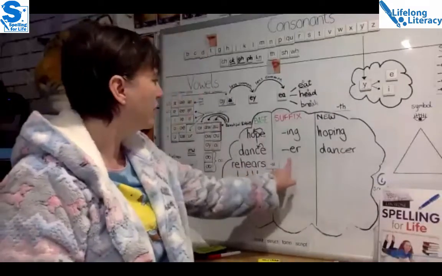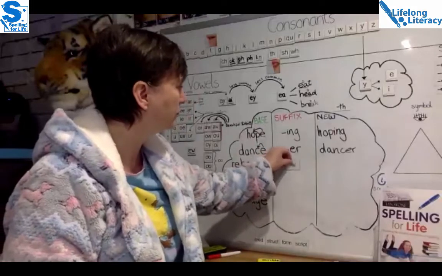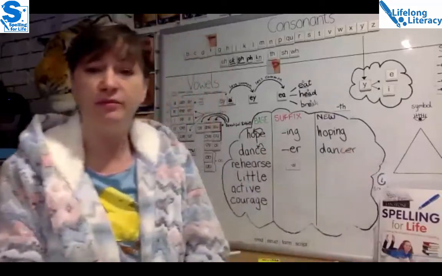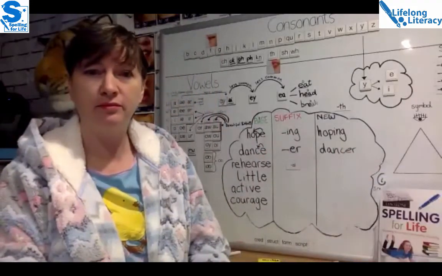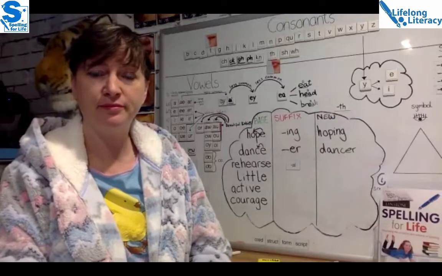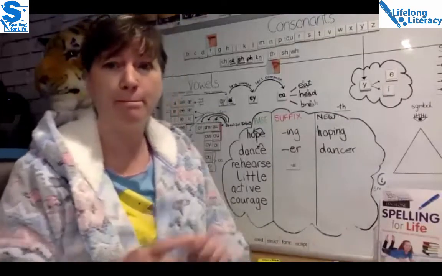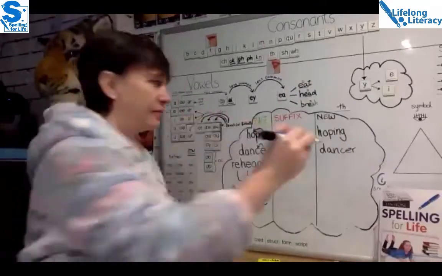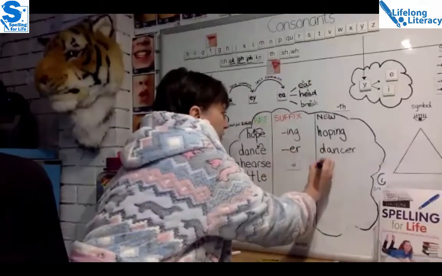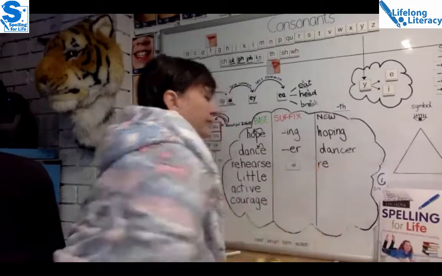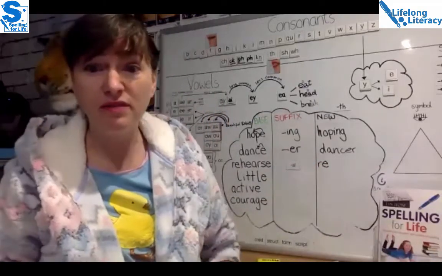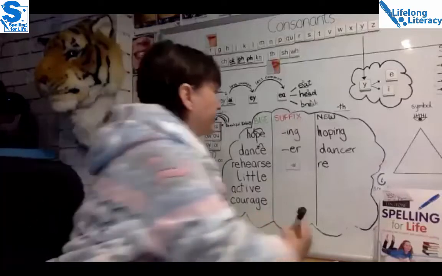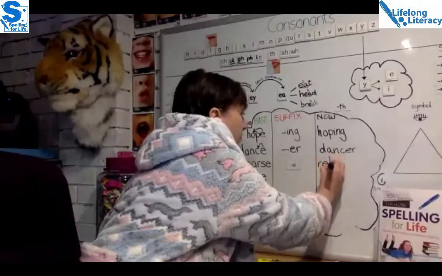So everybody write rehearsal. How do you write it? Rehearsal. Has everybody written it? First syllable, re, because that is a prefix meaning back or again. Then we've got hearse.